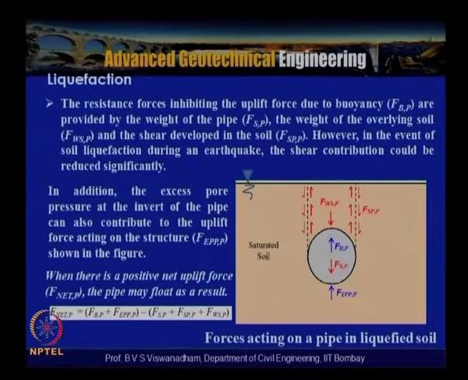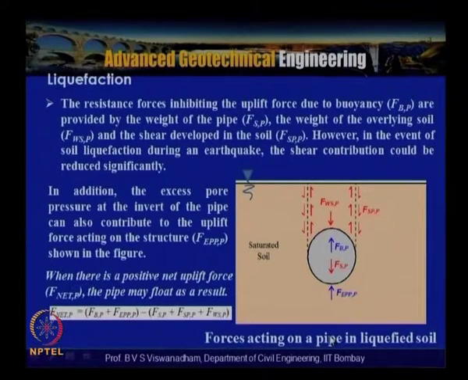The two contributing forces causing the pipe to lift are, one, the buoyant weight of the pipe, that is FBP, the uplift force due to buoyancy, because the water table is here, and second, the excess pore water pressure at the invert of the pipe can also contribute.